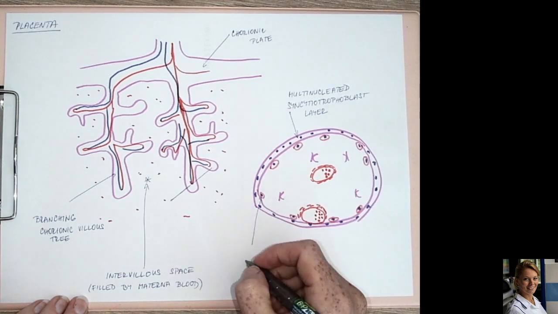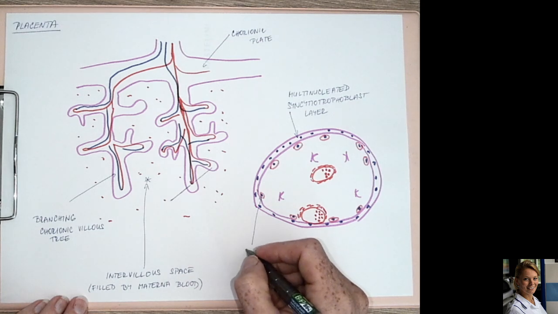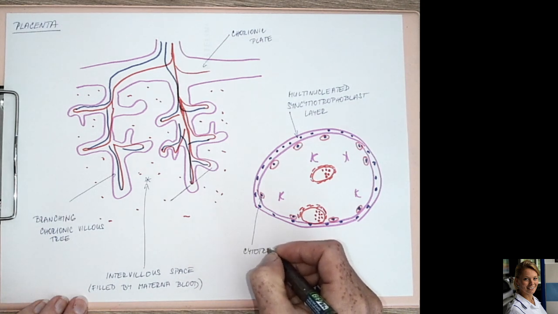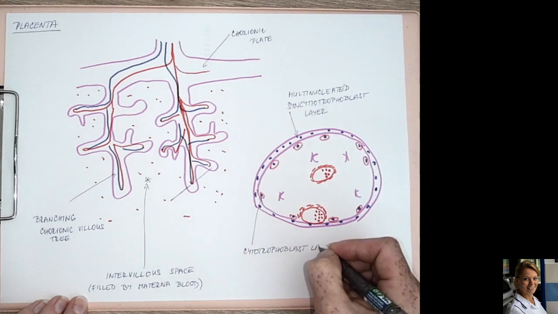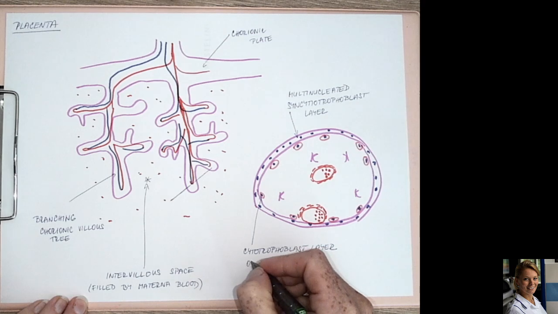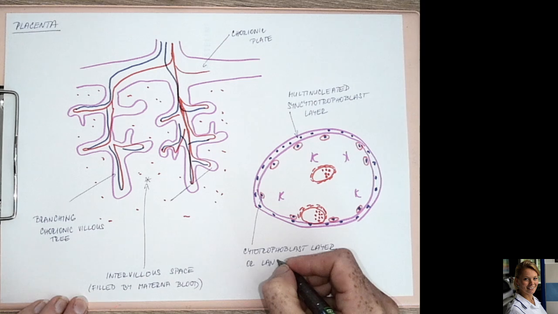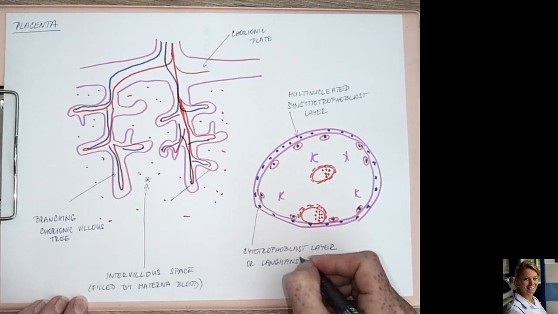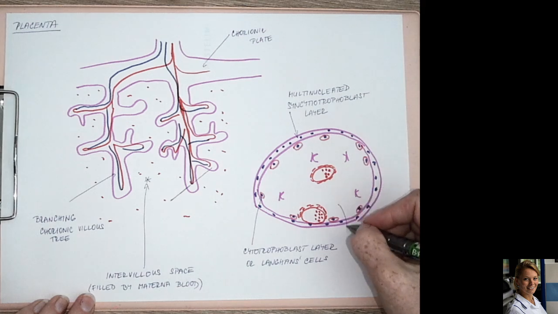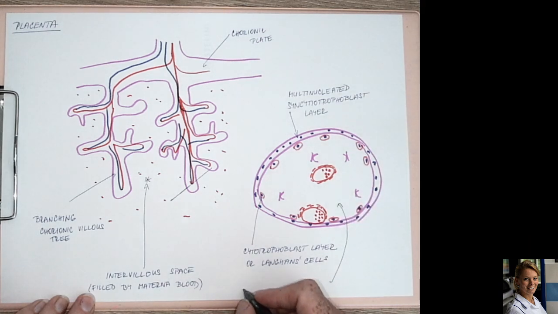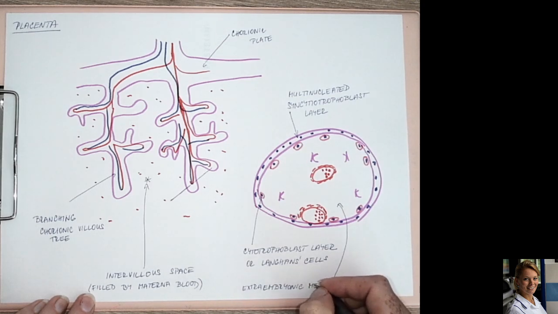And the next layer is a cytotrophoblast layer, or Langhans cells. The core is formed by extraembryonic mesenchyma.